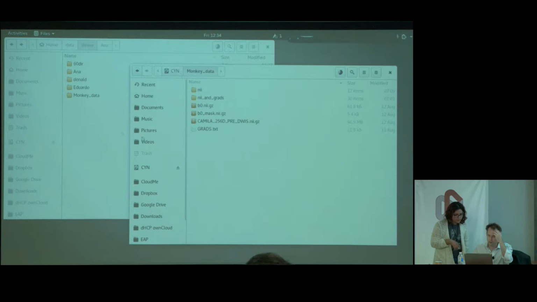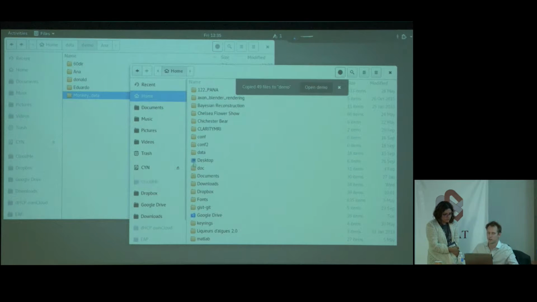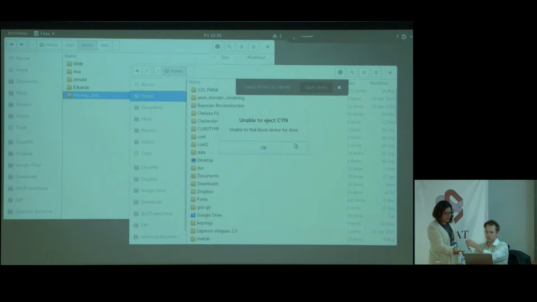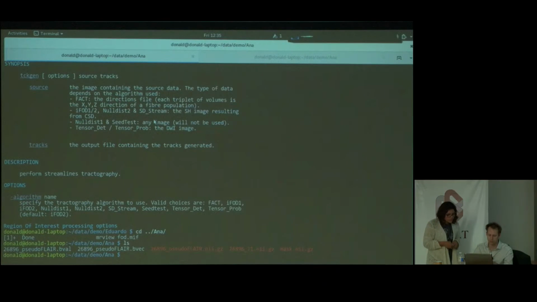How big is it? It's okay. Yeah. This and this. Oh, it's more than I need. Oh, it's already copied anyway. It's fine. Yeah. All right. There we go. Off we go. So, well, let's look at monkey because it's fun. I have no idea what I'm going to look at.